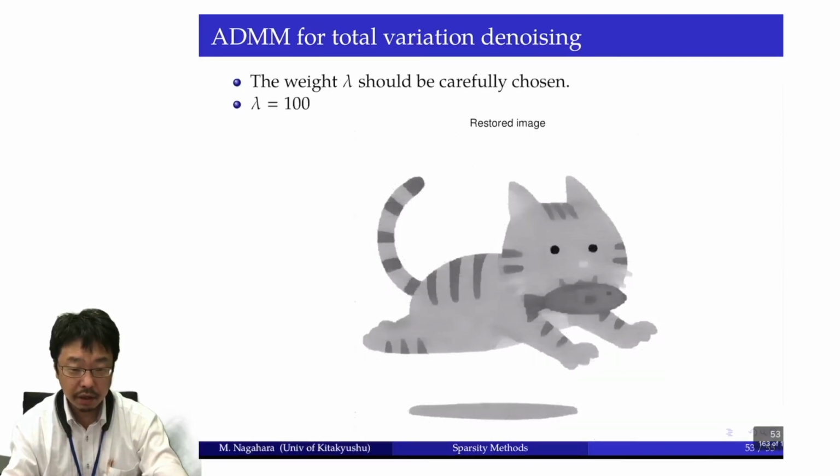If lambda is 100, we obtain a better image. But if lambda is 200, the image becomes worse compared with the previous one. This is the previous one, and this is the image when lambda is taken to be 200.